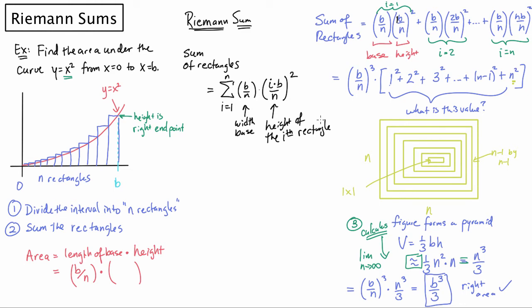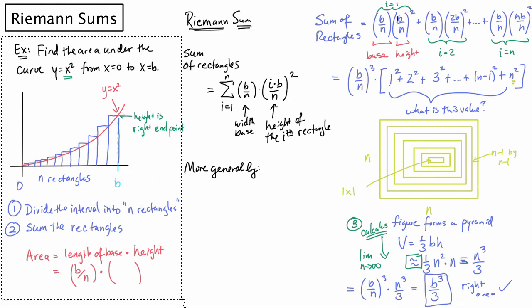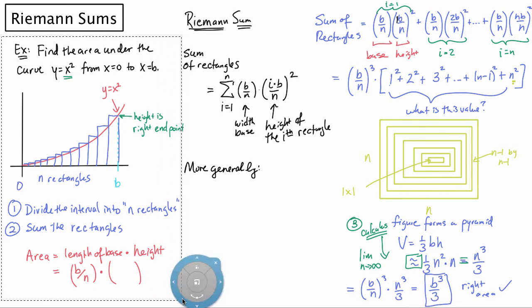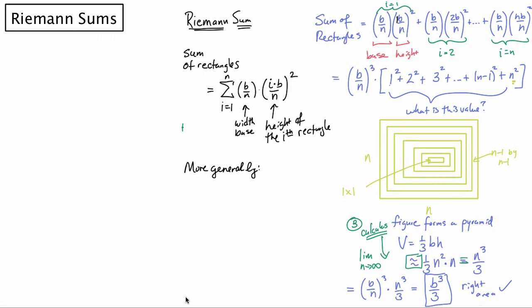Now, that's all well and good, but we want a more general form. So that's kind of where we're heading now. More generally, let's suppose that this is not the picture anymore. So let me go back and clear up some more space. Let's suppose that I want a more general problem.